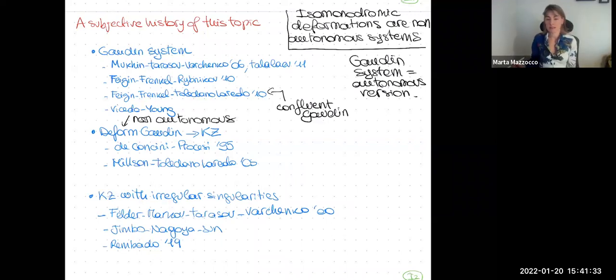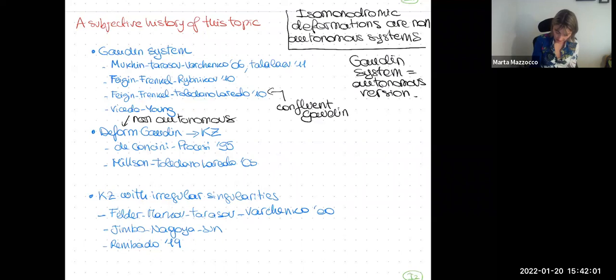then there are some results by De Concini and Procesi. This is for the A_n root system, and still only one irregular singular point, and this irregular singular point is still only of order 2. And also the work of Millson, Toledano Laredo, which extended the De Concini-Procesi construction to the case of any complex Lie algebra.